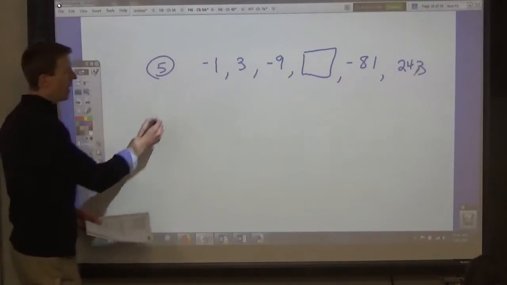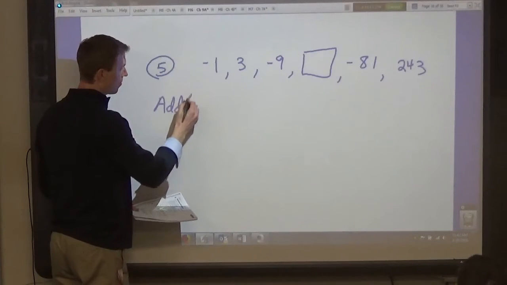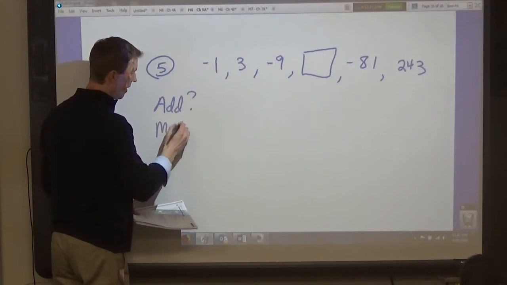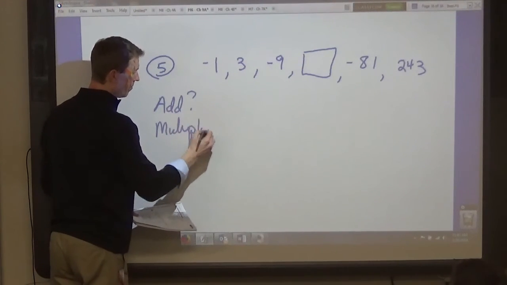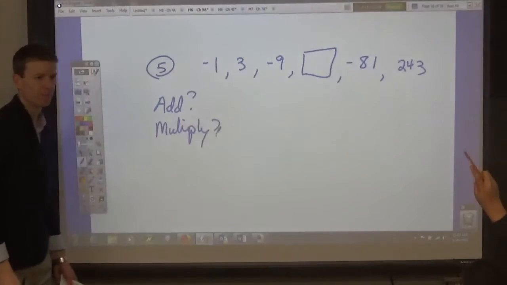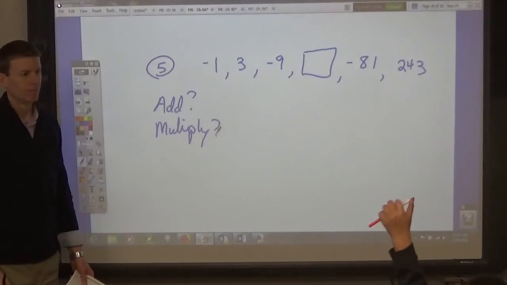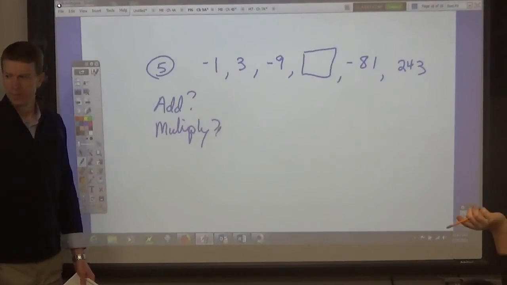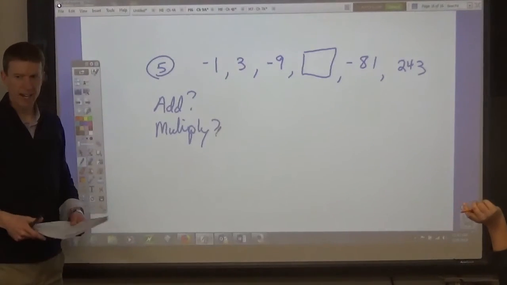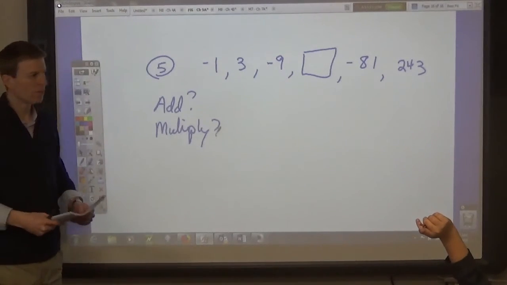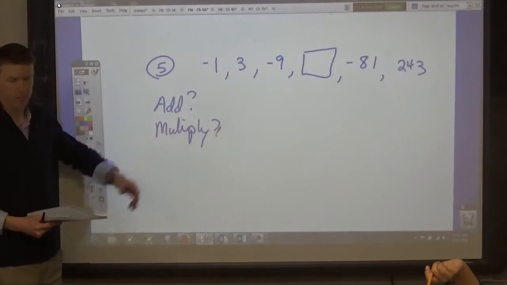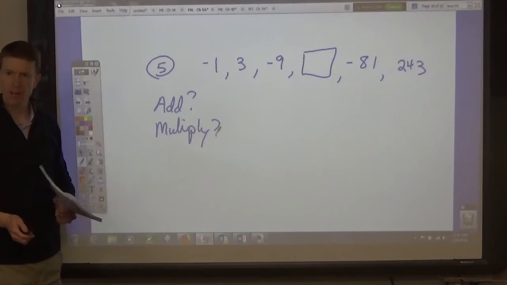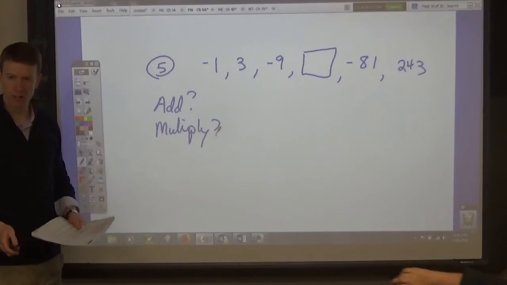So think add or multiply. What do you think? It's kind of like trial and error then, once we figure out should we add or multiply. Abby? Multiply. Should we try multiply?